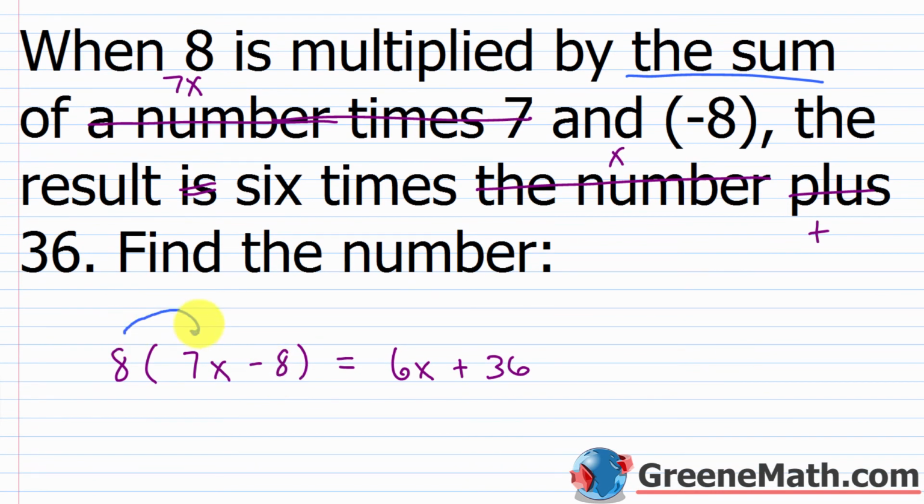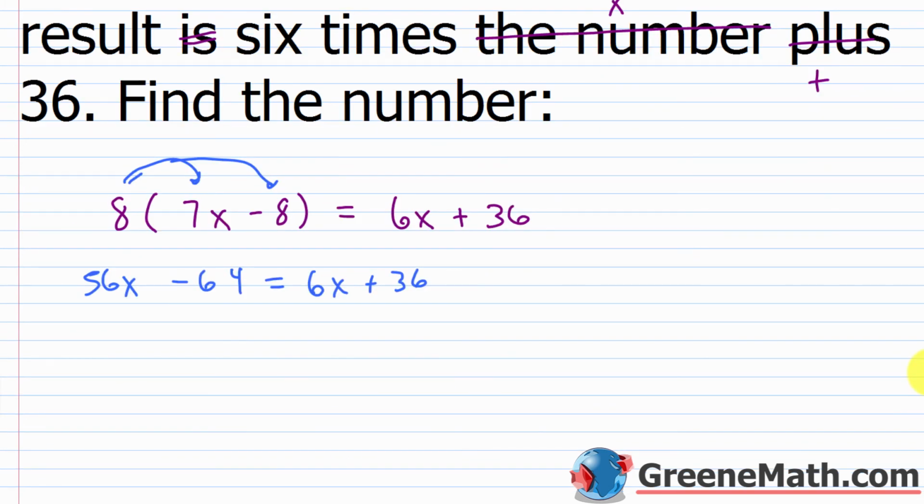So 8 times 7x is 56x, and then 8 times negative 8 is minus 64. We have this equals 6x plus 36. So now I want all my variable terms on one side, all my numbers on the other. So minus 6x, plus 64, plus 64. So this will cancel, and this will cancel.